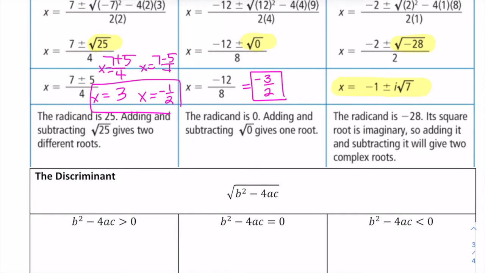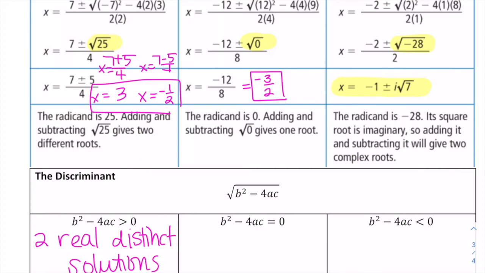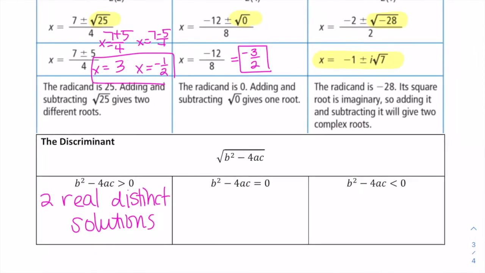I'll put distinct because they're 2 different solutions. You could say roots, zeros, or solutions. And again, we're looking at what's inside that square root, b squared minus 4ac.